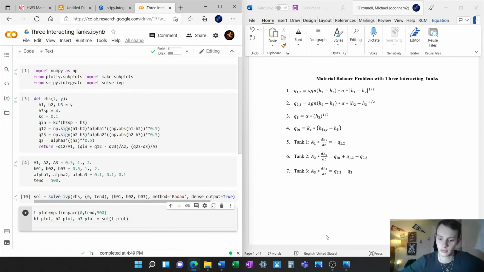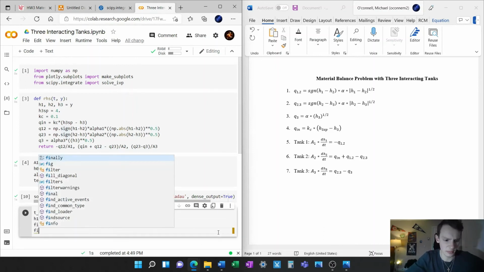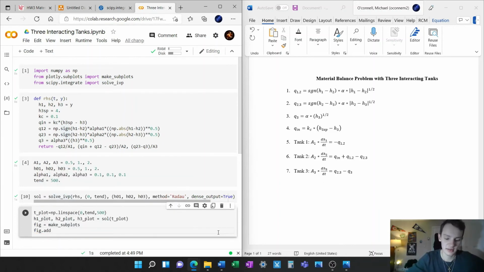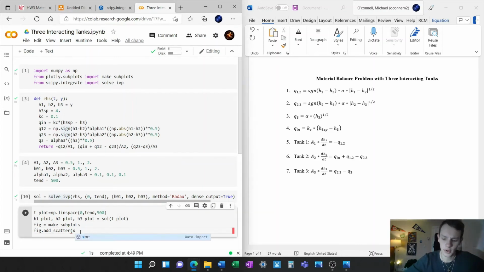And we have our plot there. Now we are ready to go. And hopefully I can do this right. I have trouble remembering the syntax for this, but fig equals make subplots, and then I think this is going to be fig dot add scatter. Okay, what's our x?